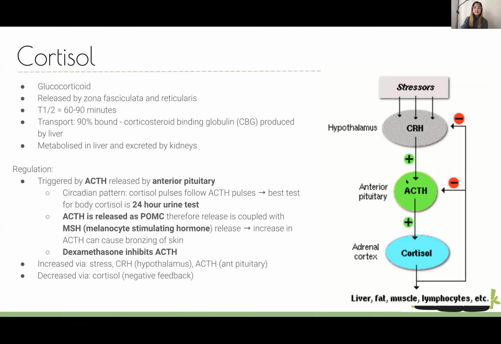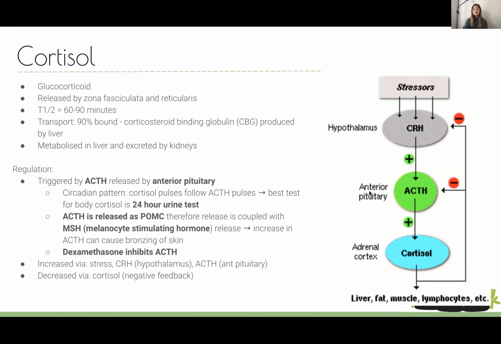It's got a circadian pattern because it follows the ACTH pulses, and that means that your best test is a 24-hour urine test, and they really love to test this. Also, one other thing to note is that ACTH is released as another molecule called POMC, and then that POMC is cleaved so that it forms things like ACTH.